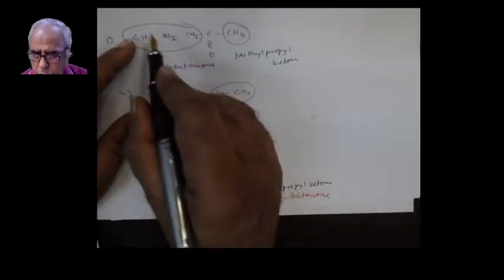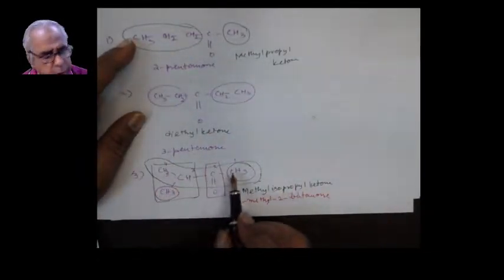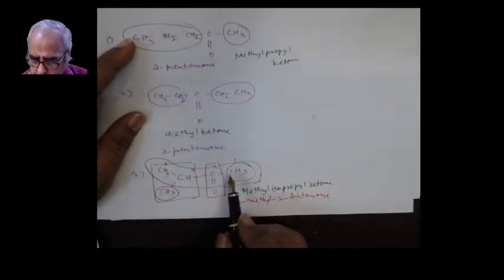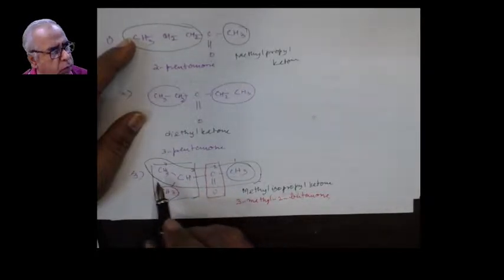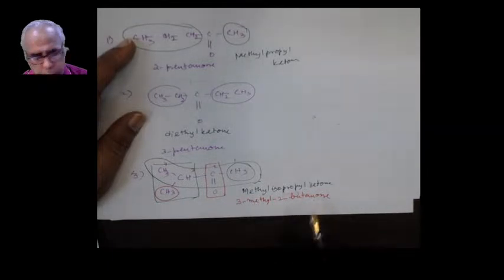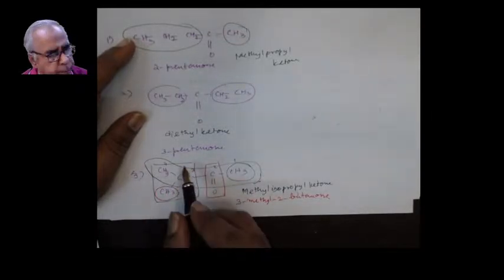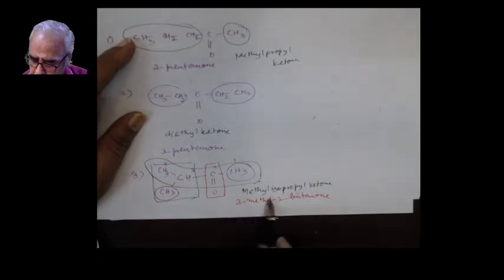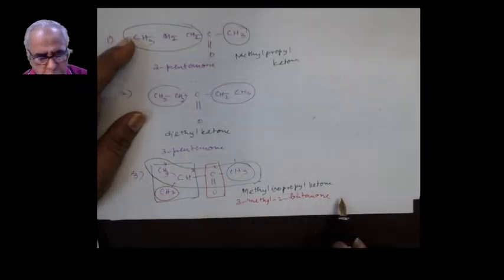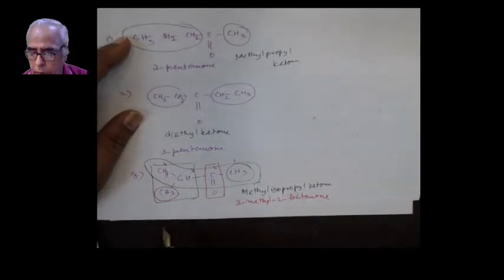Actually, it is derived from pentanone, but when you write like this, based on the longest chain and the number of carbon atoms, you have to give the nomenclature. In this case, even though it is a pentanone, the third methyl is substituted. That's why it's called 3-methyl. So in pentanone, 1 methyl has gone. So remaining is 4. So 2-butanone. Got it?